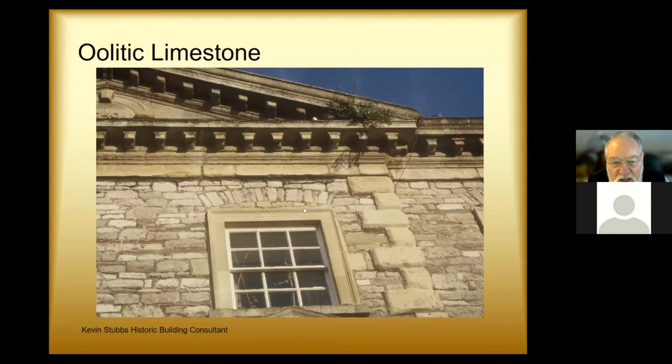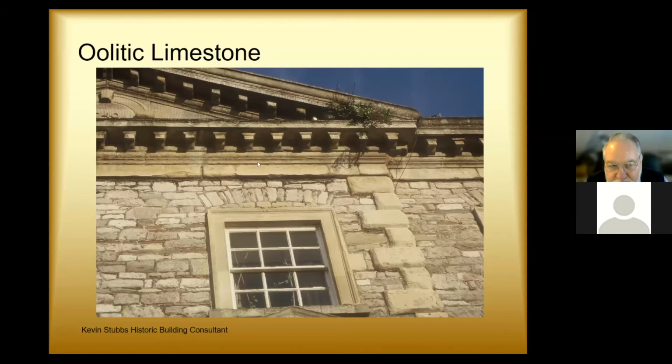And so just briefly looking, one of the most common stones in our region are limestones, and limestone is a very broad term. It covers a great range. Over towards the western side of our areas, we have the oolitic limestones, and these are much finer sedimentary material.